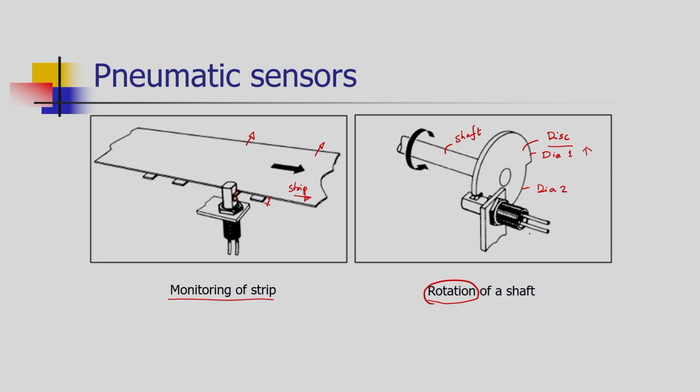So, that is giving a certain signal. When diameter 2 is coming in contact, there is no obstruction, there is no material available for the obstruction. So, in this case, there is a change in pressure in the sensor system, and that gives a different signal.